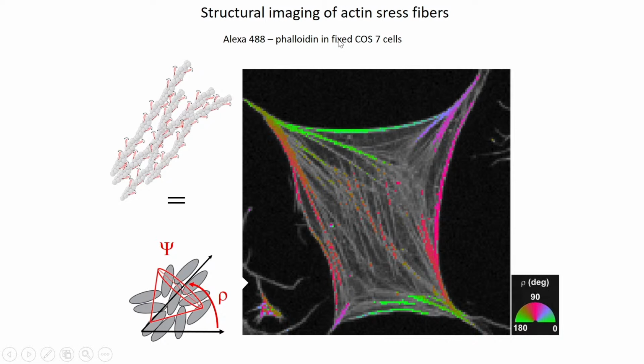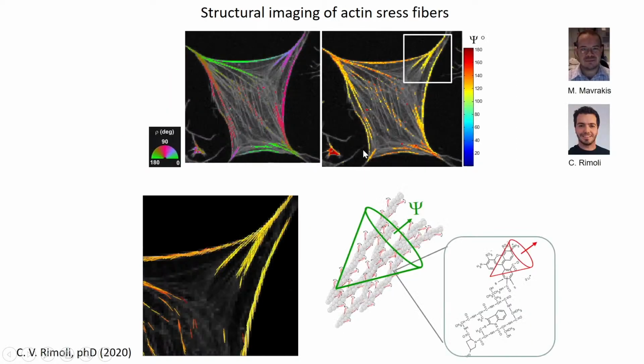And this is showing here that these Alexa phalloidin conjugates are following the direction of the actin filaments in the sample. The way we represent both information, and this is work that we have developed in close collaboration with Manos Mavrakis, and this is a PhD work of Caio Rimoli, is to encode each of these pixels as a stick, whose orientation is going to be the mean orientation of these molecules, and the color of this stick will be the molecular order, from very highly organized in blue to very highly disorganized in red.